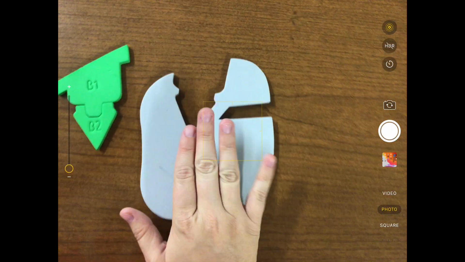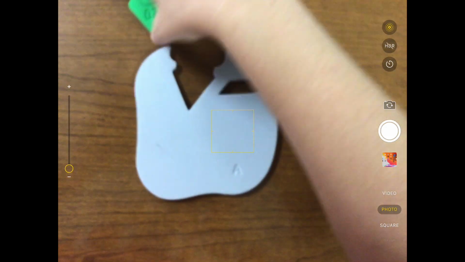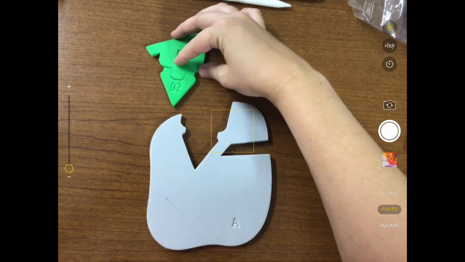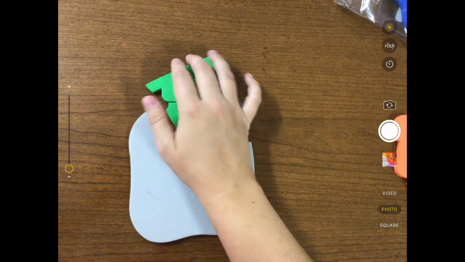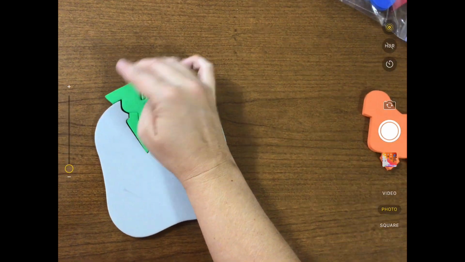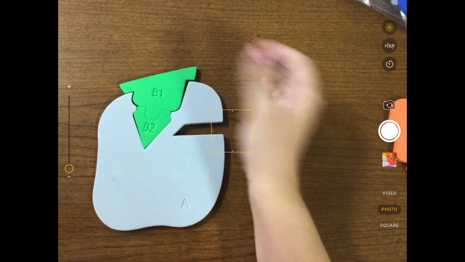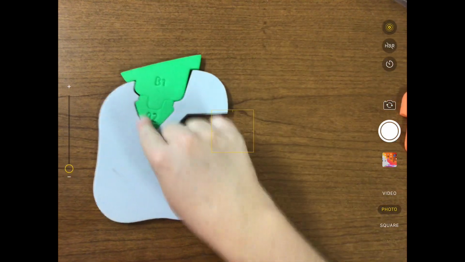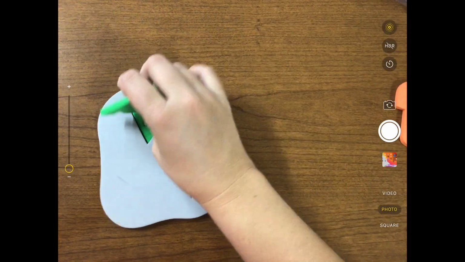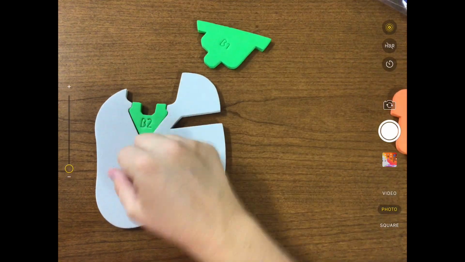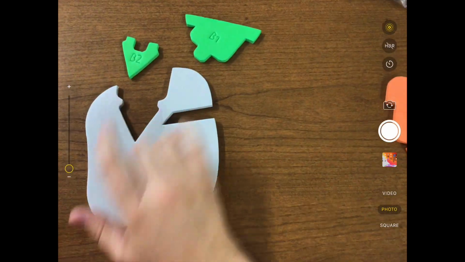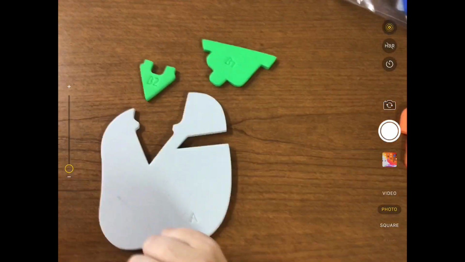So you'll see I have my enzyme here and my substrate is this green, and it's going to fit right in to that spot. Okay, and it wants to break it apart. So what may happen here is my enzyme will hang on to this little piece of the substrate, and this one will be able to come out, and then eventually this one will come out. So now I have two green pieces.